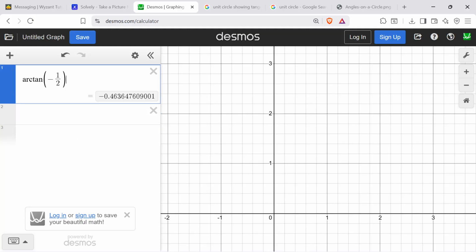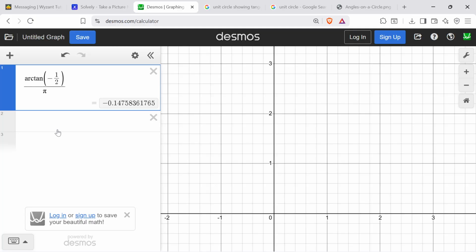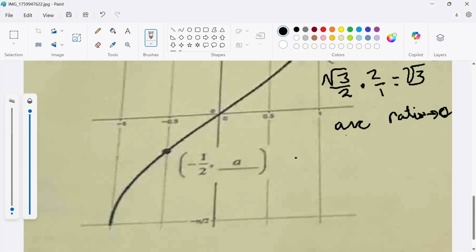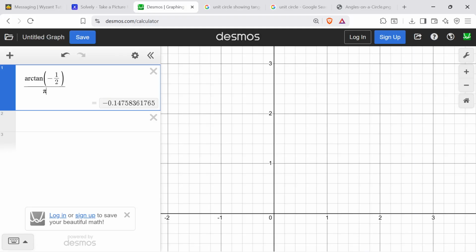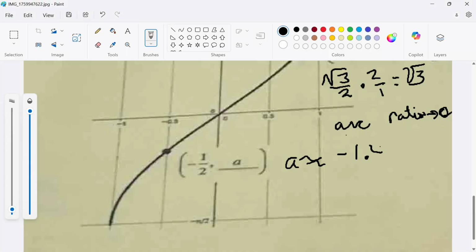If I divide that by pi, I can see it's negative 0.1476 approximately. A equals approximately negative 0.1476 pi radians. So that would be the answer.